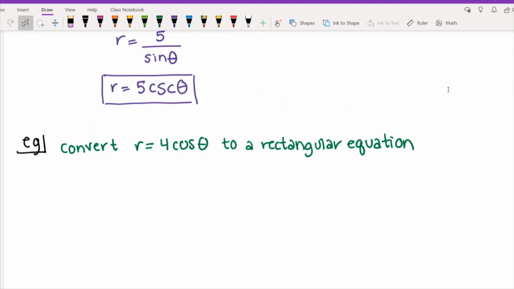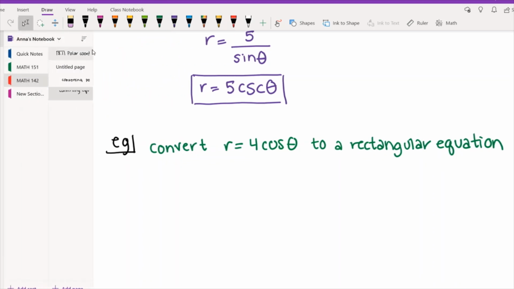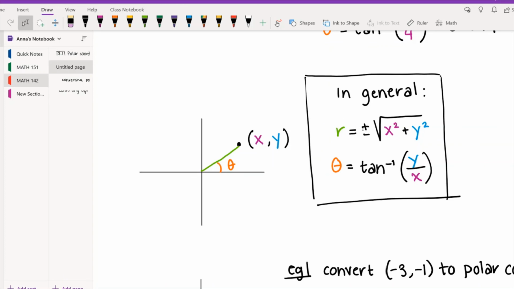So in order to translate this into x's and y's instead of having r and theta, we're going to need to use some of the stuff that we had over here. So we know that r is equal to plus or minus square root of x squared plus y squared.